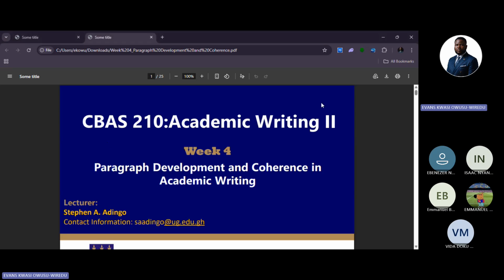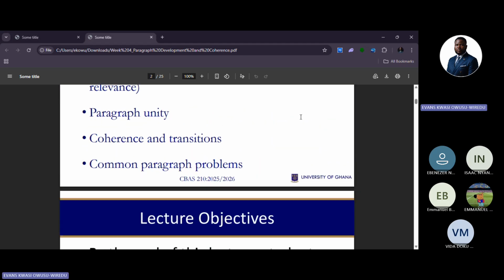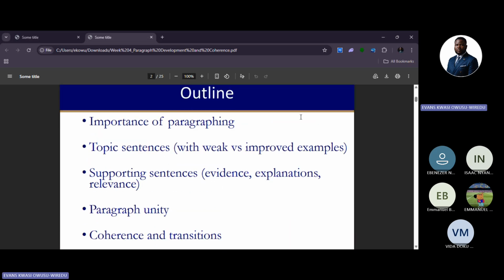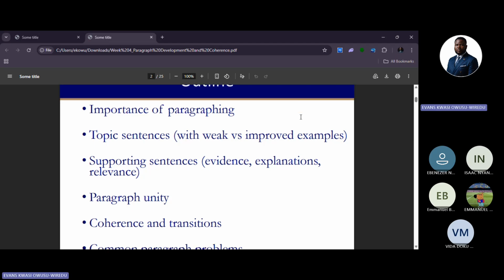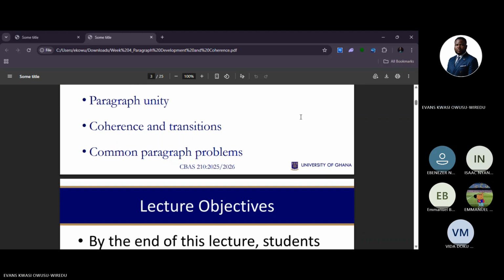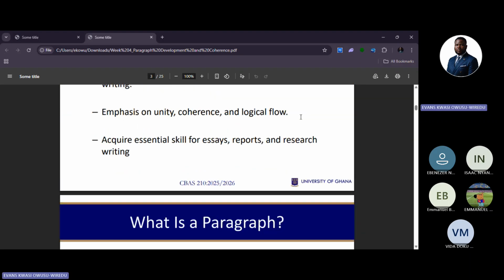So in session 4, we are learning tonight, let me show the objectives: importance of paragraphing, topic sentences, supporting sentences, paragraph unity, coherence and transitions, common paragraph problems, right? By the end, we'll know everything here.